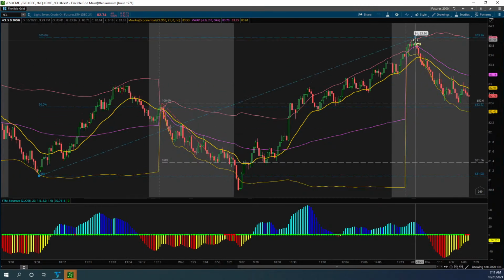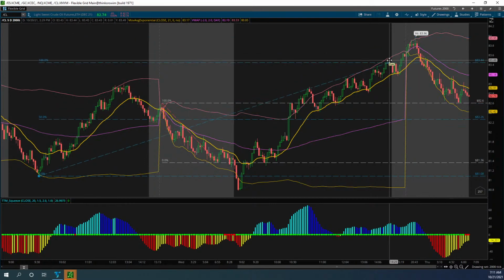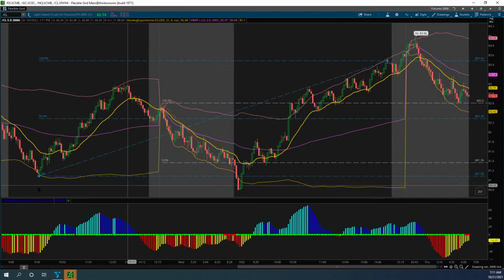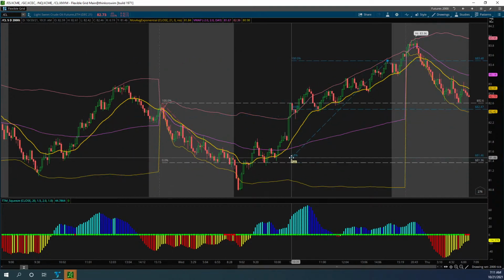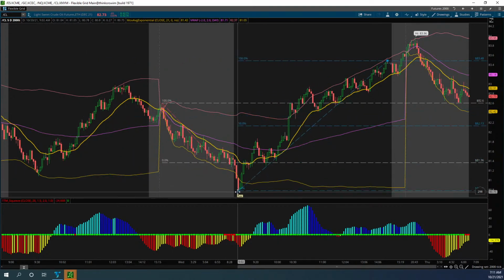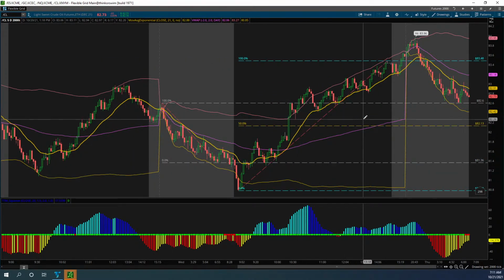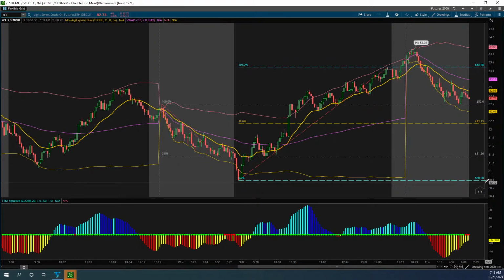And then last, let's go to crude oil. I'm going to move this one up here, and this one goes right down here. Yesterday's session high was 83.48, and the low was 80.78.